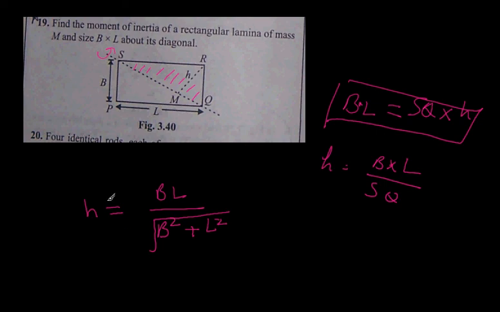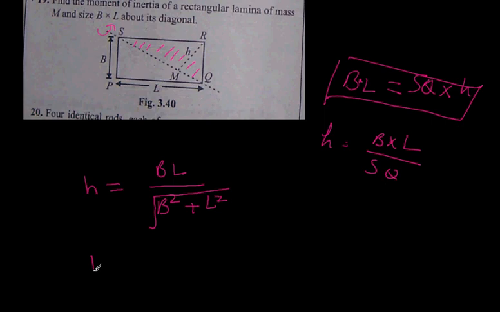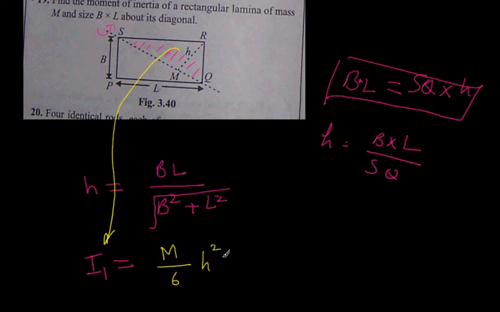I1 for the first section will be equal to M by 6 into H square, and H square is B square L square divided by B square plus L square, into M by 6.